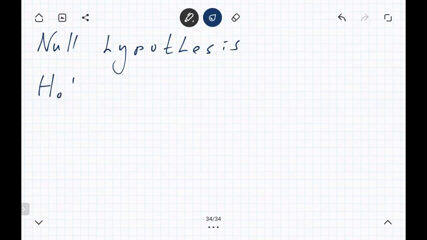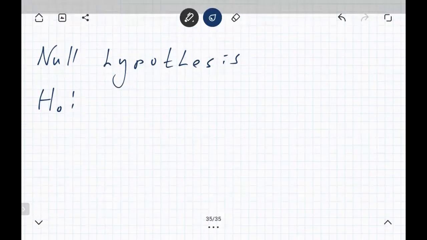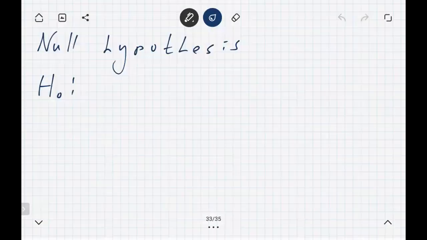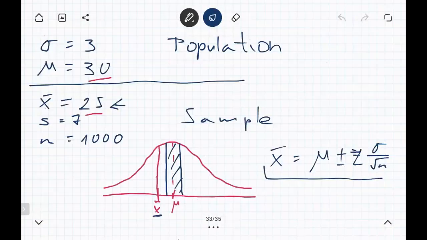The null hypothesis always states that there is no change, there is no difference, there is no connection, and so on. So in our case, our null hypothesis is that the drug had no effect and the real duration of the disease did not go down. So it's not less than 30.